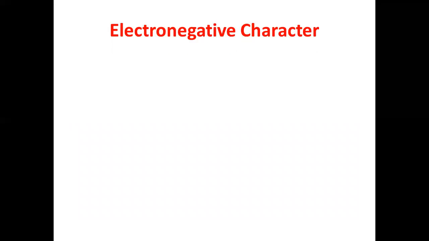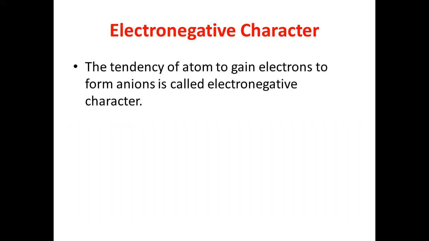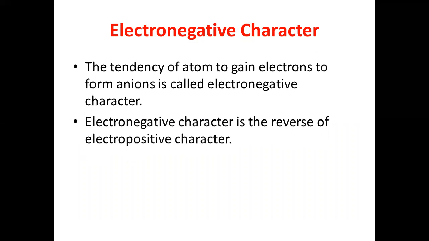The topic about which I'm going to talk is electronegative character. What is meant by electronegative character? The tendency of an atom to gain electrons to form anions. Negatively charged ions are called anions. Electronegative character is the reverse of electropositive character.